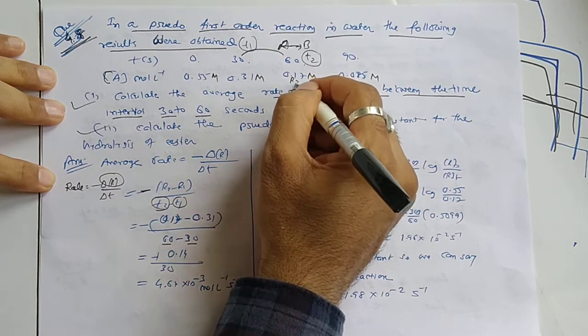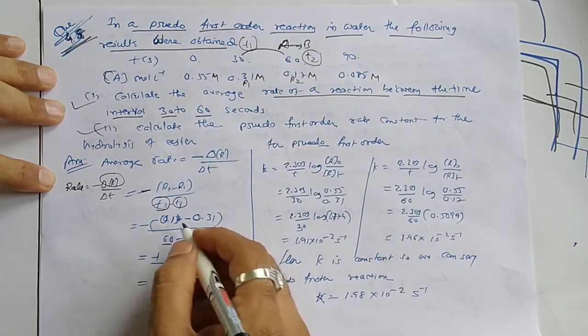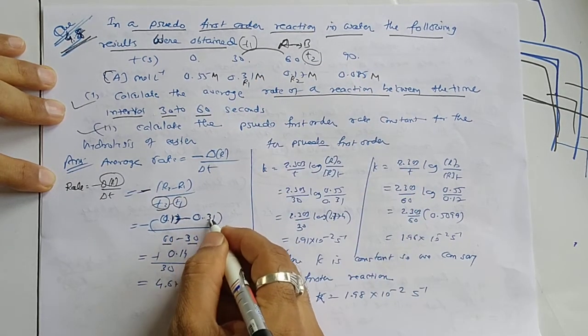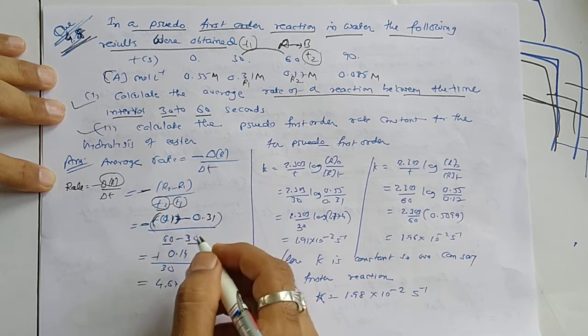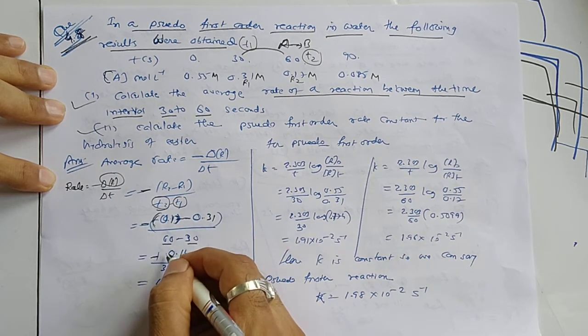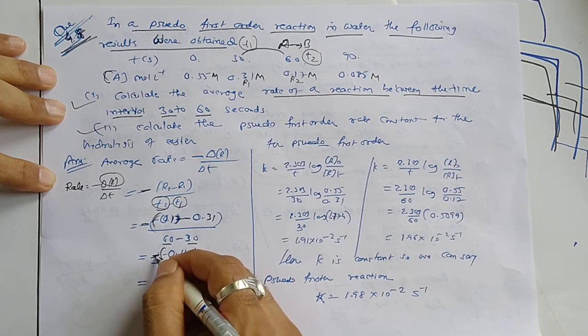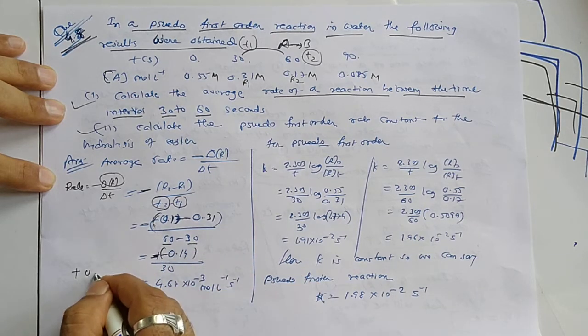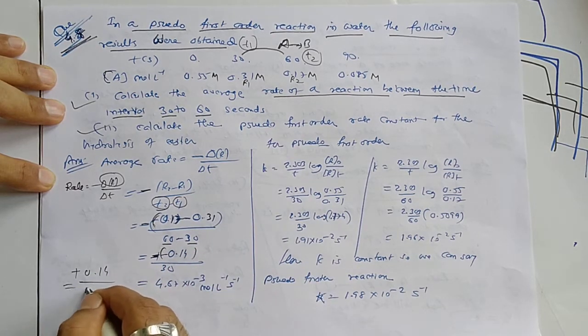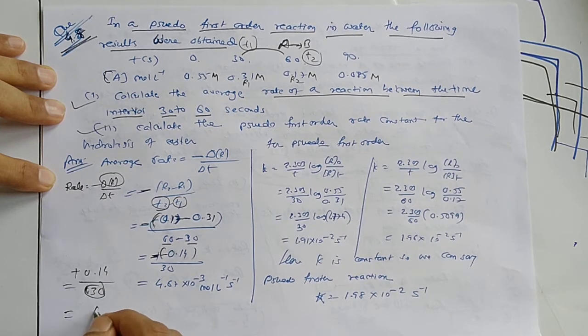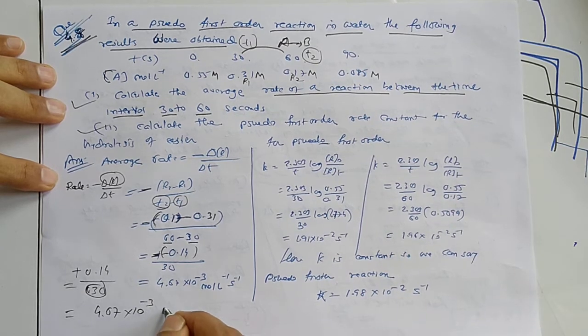Then concentration R2 minus R1, 0.17 minus 0.31. So it will be minus 0.14, and minus and minus cancel, so 0.14 upon 30. So it gives 4.67 times 10 raised to minus 3. So the unit of rate is fixed.